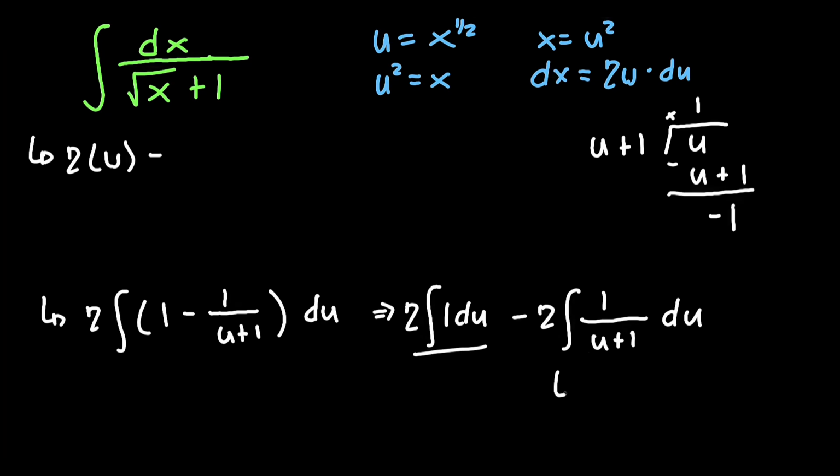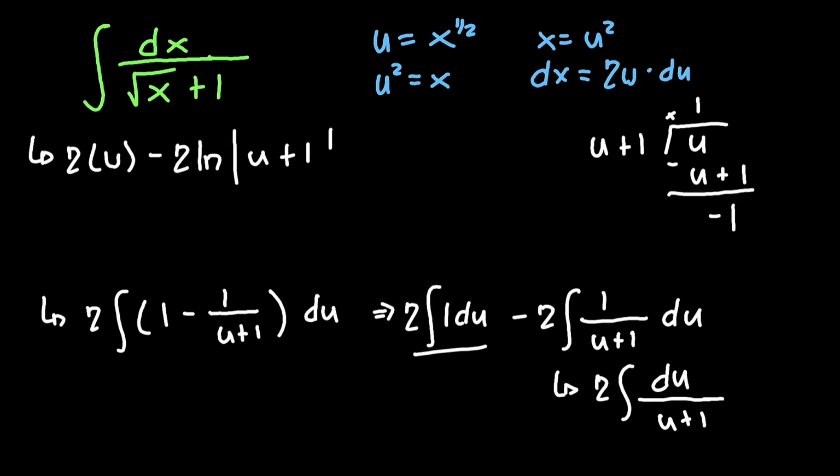This can also be referred to as 2, the integral of du over u plus 1, which fits the logarithm of integral, wherein it would be 2 ln the absolute value of u plus 1 plus the constant of integration.